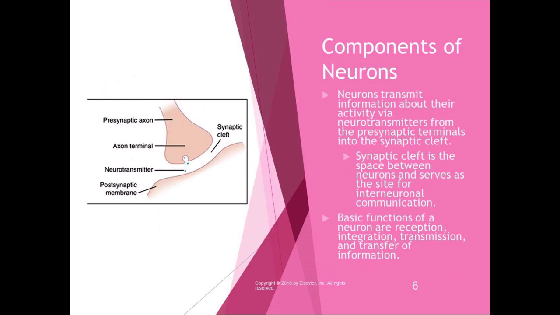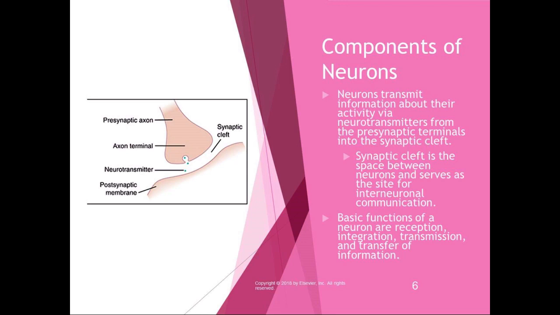So neurons transmit information about their activity via those neurotransmitters that are released from presynaptic terminals. The space between a presynaptic terminal and the next cell is called the synapse, and in the synaptic cleft, there's no physical contact besides neurotransmitters between the two cells. There's actually that synaptic cleft. It's the site for interneuronal communication and where neurons contact other cells.